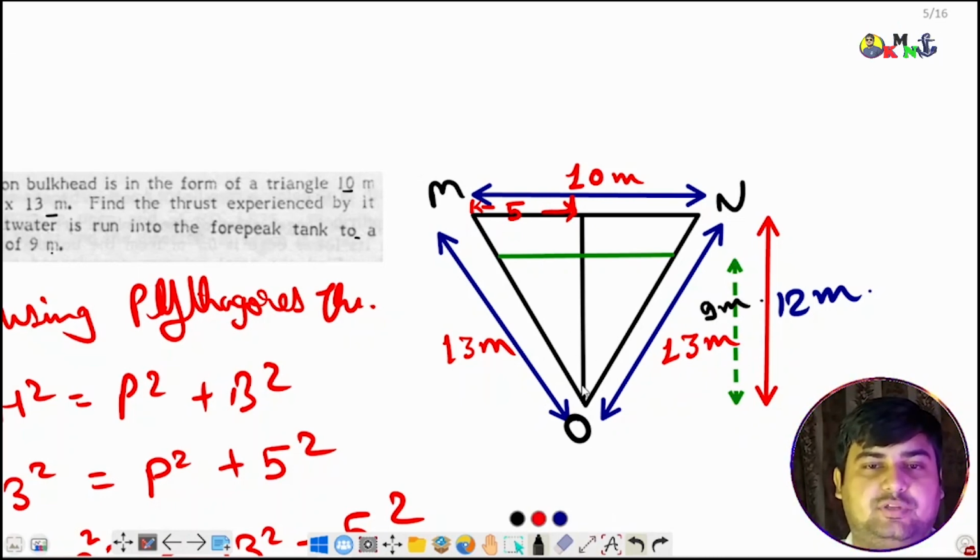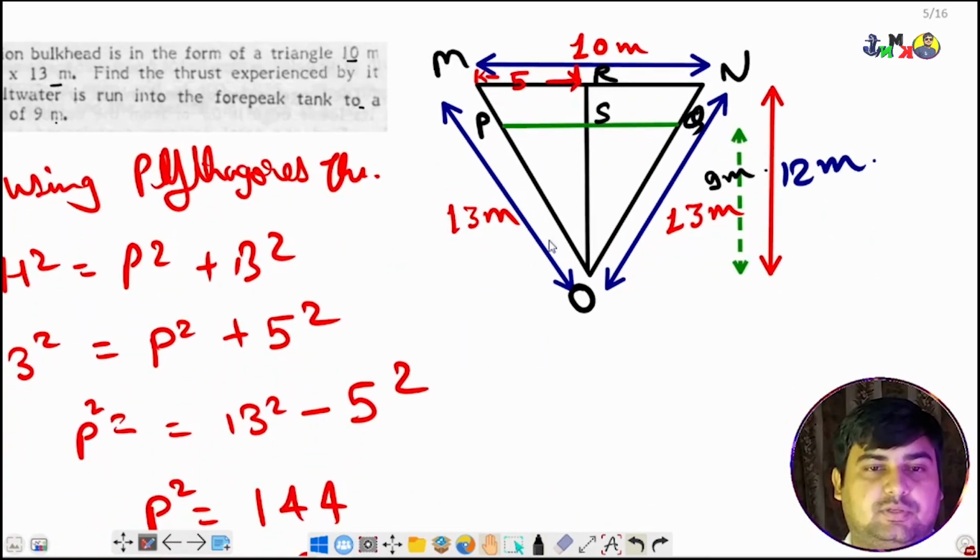So M and O we have marked. We will mark this P, Q, this is R, and this is S. So M, N, O, P, Q, R, S. Okay, we have labeled everything because we are going to use the similar triangle concept.